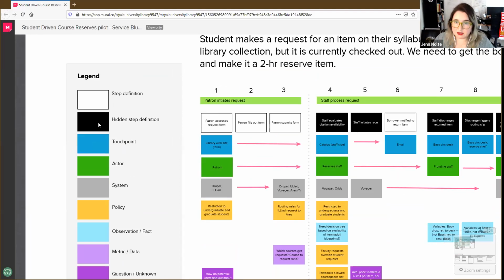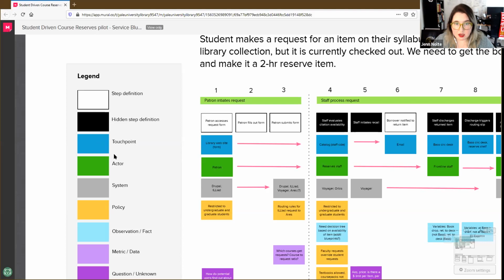The black boxes are steps that are hidden to the patron, but are still steps. They're still points in the journey, right? So remember, this is that tension, the difference between the customer journey and the service blueprint. The service blueprint is going to have more information about what's going on behind the scenes.